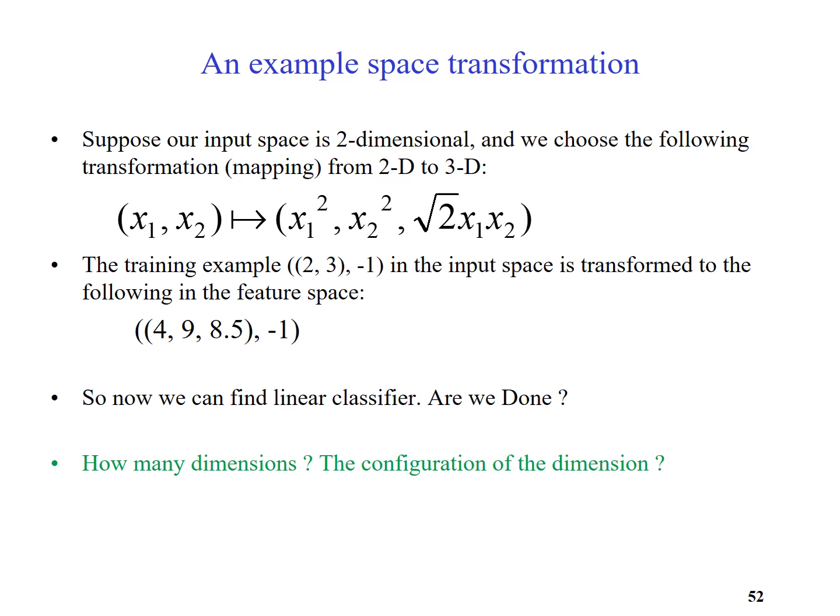Again, in some configurations we have a linear classifier, but in other configurations we do not. So this is another problem. We have no idea which dimension we should extend to, and second, what configuration we have to choose. So we have no idea.